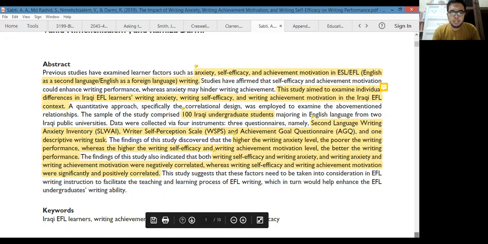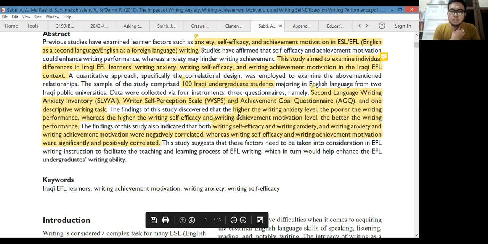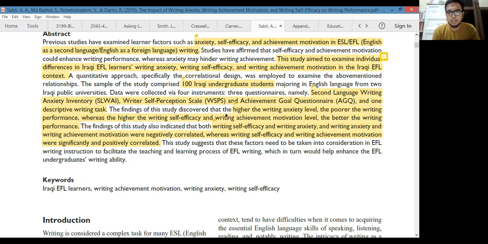And then the findings. Here, they only use a direction point of view. It means they only look at whether the correlation is positive or negative. In this case, the results show that the higher the writing anxiety level, the poorer the writing performance, whereas the higher the writing self-efficacy and writing achievement motivation level, the better the writing performance.